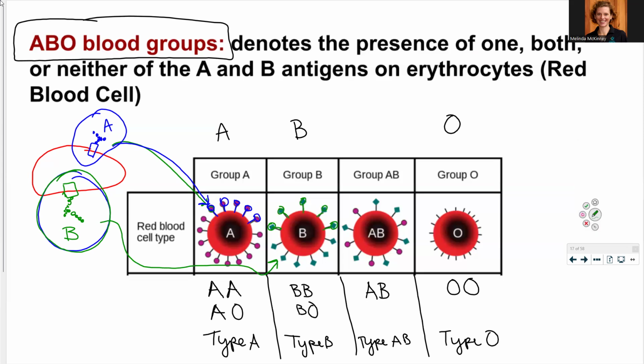If you have AB blood type, you've got both types. That's actually another example of codominance within multiple alleles. They're both expressed at the same time, so that's codominant. And if you're type O blood, you don't have either of those.